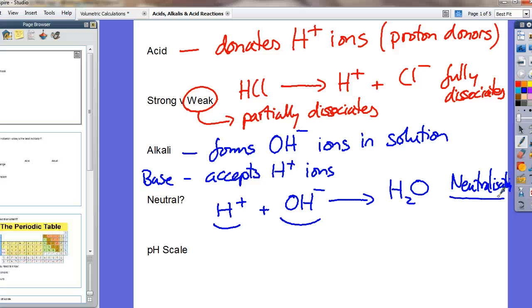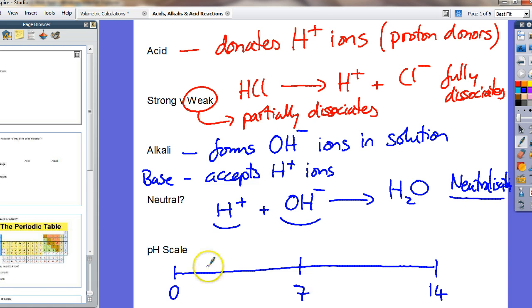Now, acidity can be measured on the pH scale. The pH scale can actually go past 0, but that's generally not covered at GCSE, and it runs between 0 and 14. The neutral point is 7, and at 7 the amount of H plus and the amount of OH minus is exactly equal.